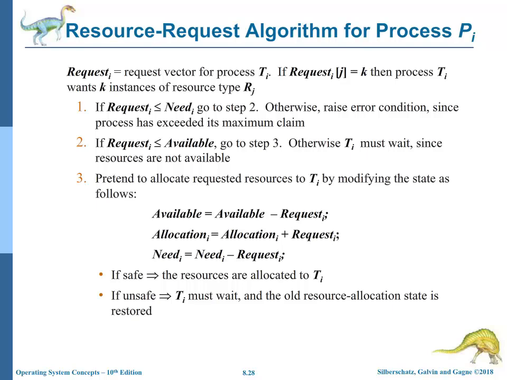If the resulting resource allocation state is safe, the transaction is completed, and thread Ti is allocated its resources. However, if the new state is unsafe, then Ti must wait for the request, and the old resource allocation state is restored. Please click on the link to see an example.